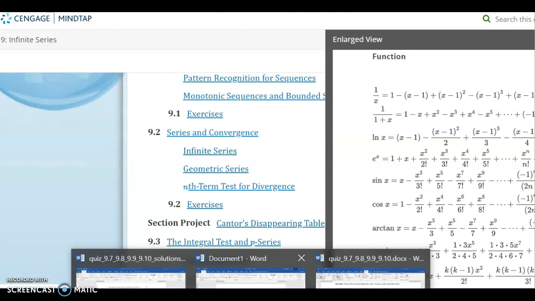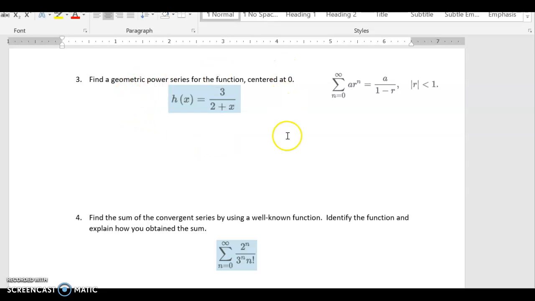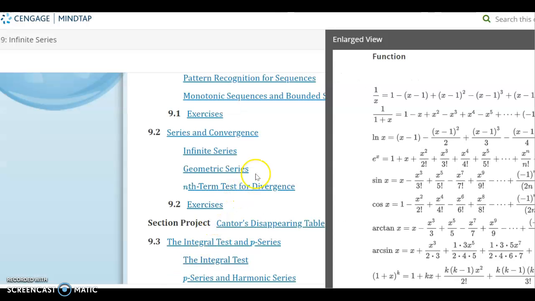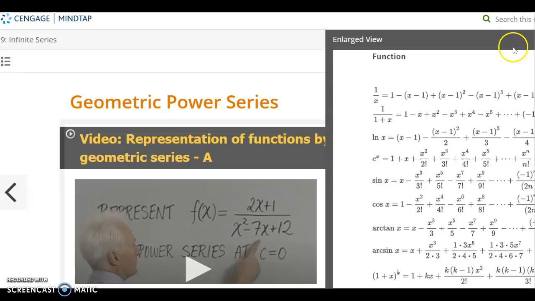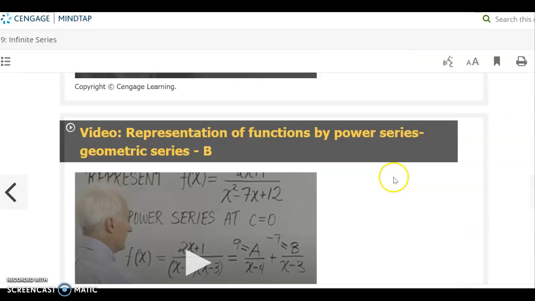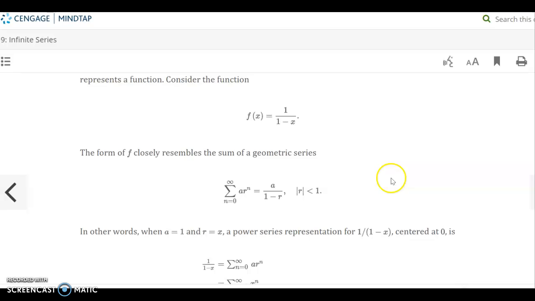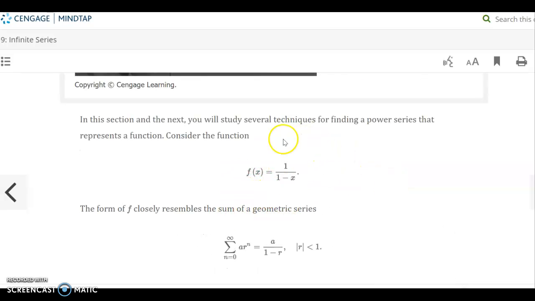For example, when the question says find a geometric power series, I'm saying, okay, geometric power series, what's that? That's this thing. All right, how do I put this problem in this form? So in your textbook, the concept of geometric power series: any function that looks like f of x equals 1 over 1 minus x looks a lot like the result of the sum of a geometric series, a over 1 minus r, right?